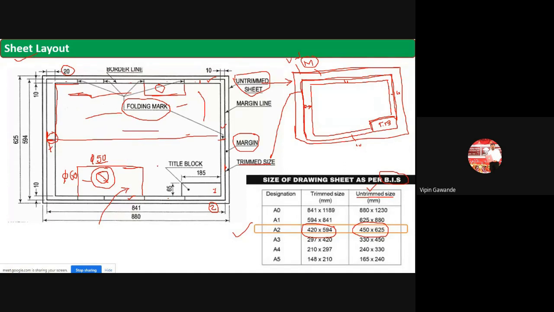Then the other thing is these regions which are drawn here, in between the trim size and the border. Okay, so this is only for industry purposes. We are not doing this, but it is done in the industry. This procedure is followed in the industry.